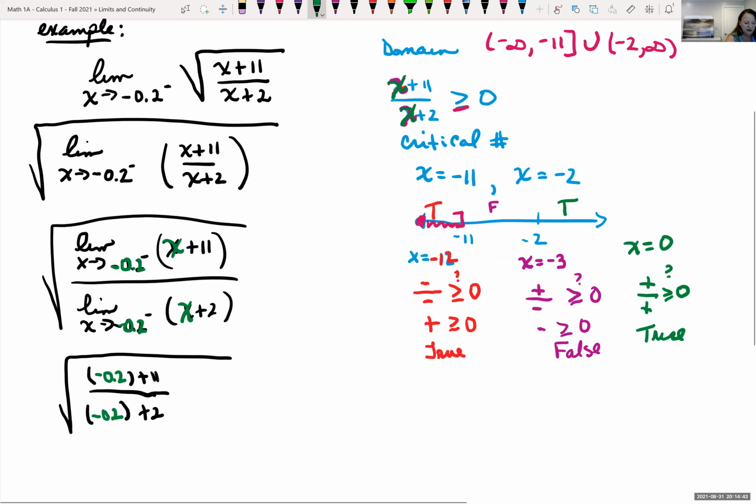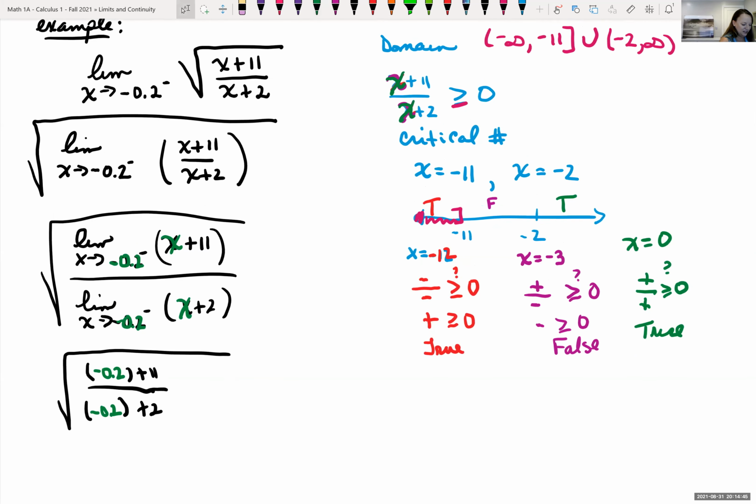Okay, so 11 plus negative 0.2, I'm really subtracting, and that's going to give me 10.8. 2 minus 0.2 is going to give me 1.8.